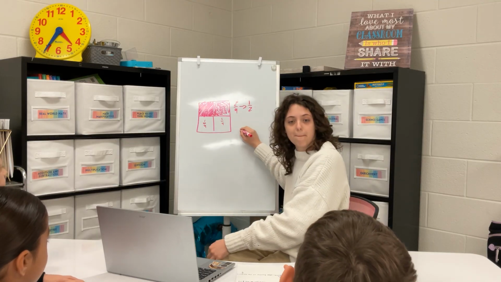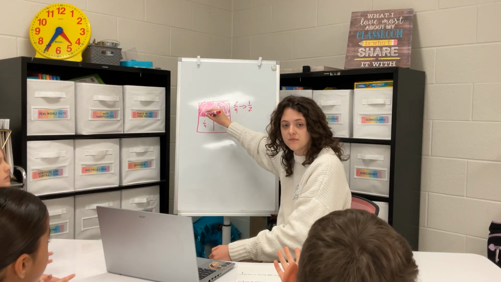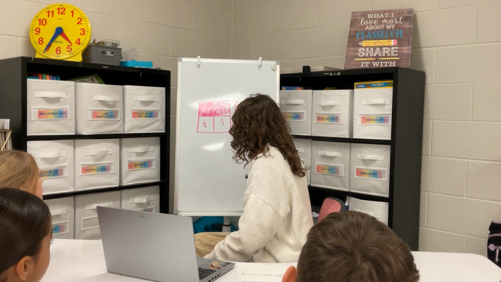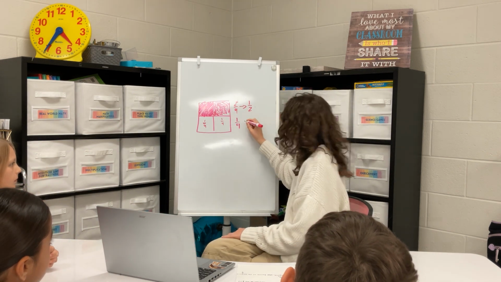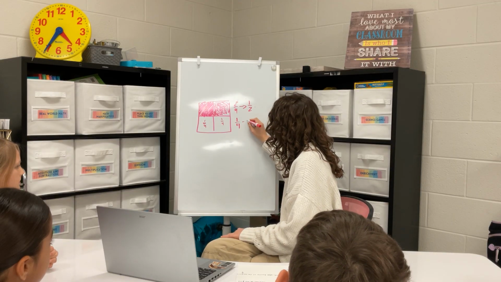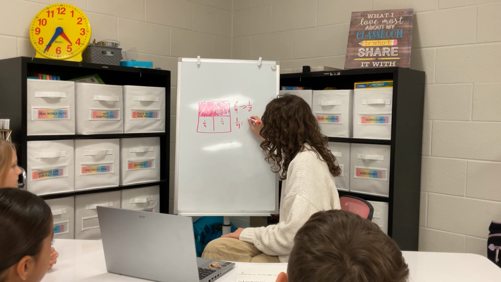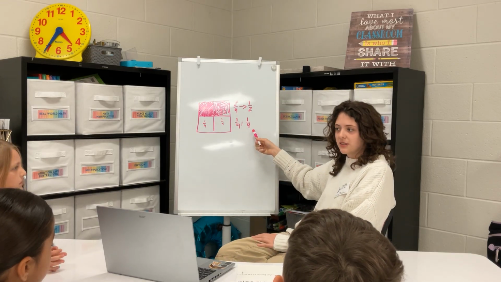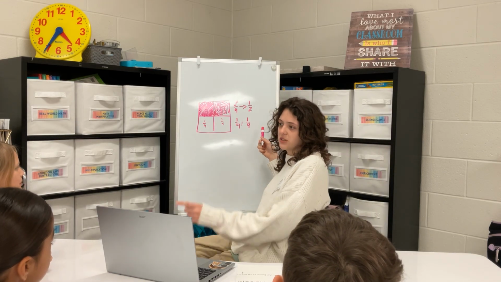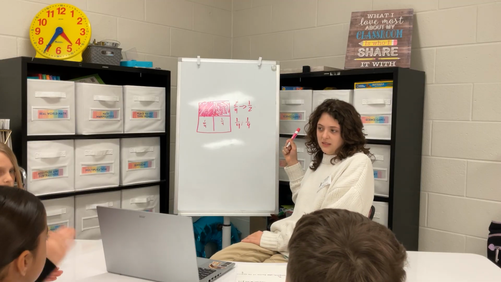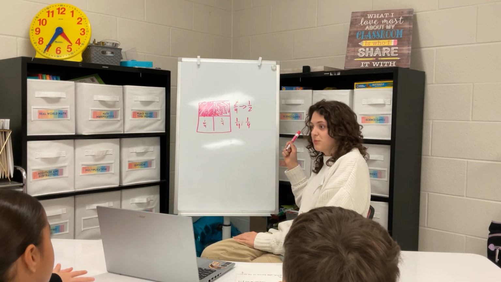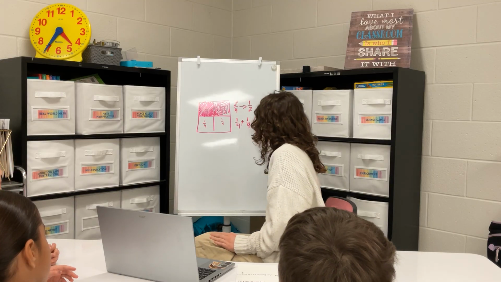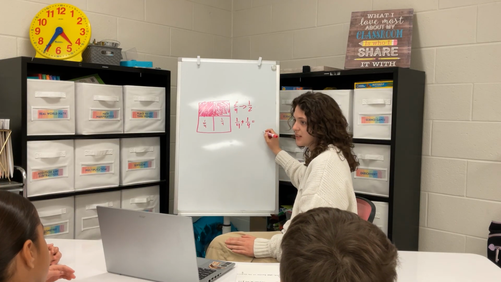Because if you eat one, it's one part, and we ate another 1/4, so we had 2 pieces, so we ate 2 1/4s. What could we do with those 2 1/4s? We could combine them, so we would get 2/4.